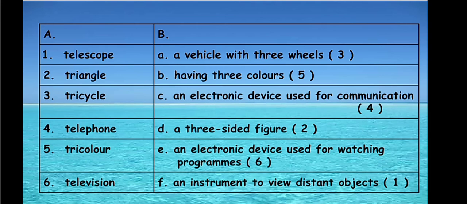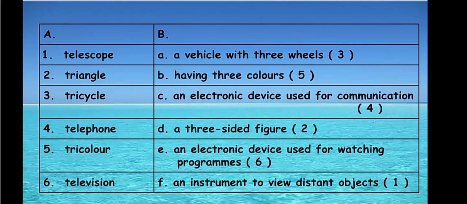What is the meaning of tricolor? Having 3 colors. Fifth one, B is the answer. And the last one, television. E is the answer. An electronic device used for watching programs.